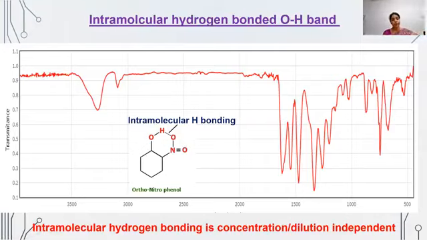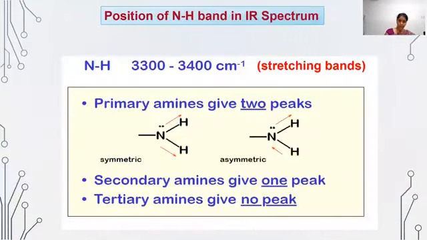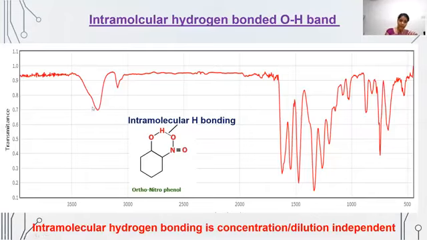In case of intramolecular hydrogen bonding, again there is no association, no intermolecular attraction, only the bonding present in the single molecule. So an intramolecular hydrogen bonded compound shows absorption similar to the spectrum scanned in the vapor phase. This is the sharp peak observed for the intramolecular OH bond.